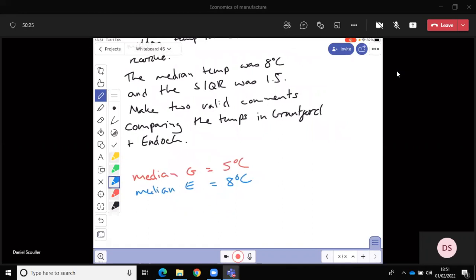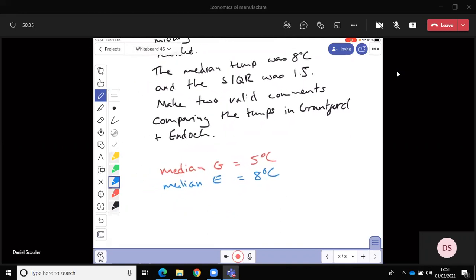So the middle number in both the data ranges over those 9 days shows Endok as being higher. So we need to put that in words. A very important word that we need to use here is average. We need to put in this sentence something about the average, and that shows the examiner that you know what the median is.